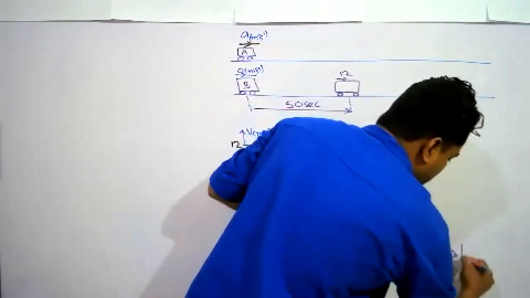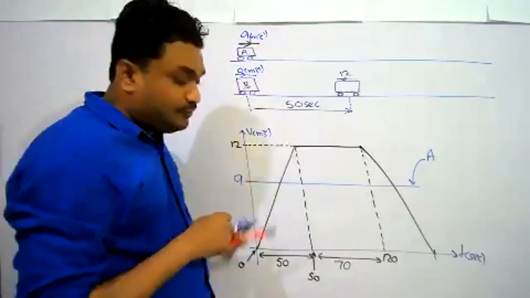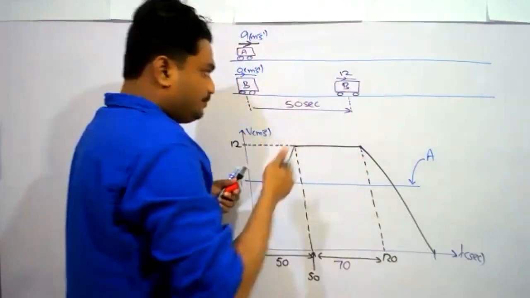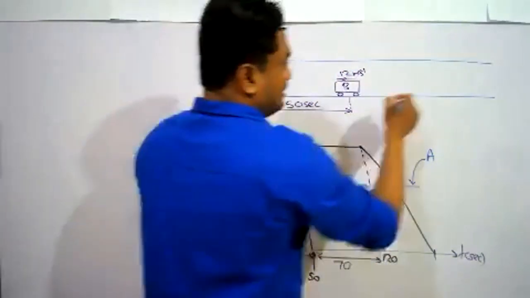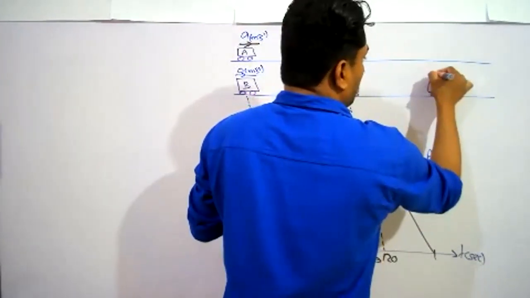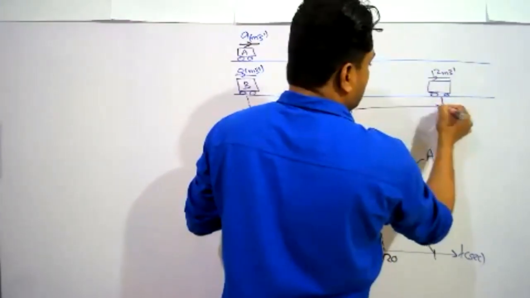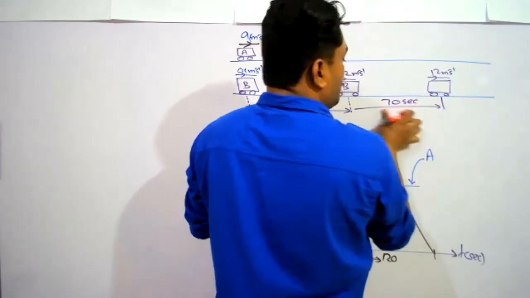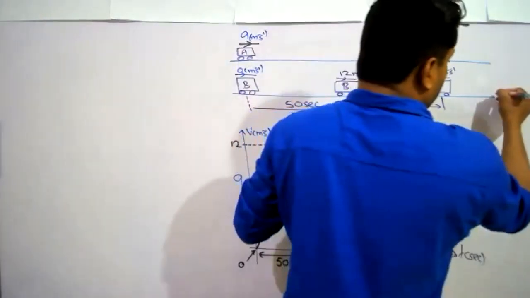So this is the velocity time graph which is given in the picture. If you look at the motion of B, during the next 70 seconds B travels with the constant velocity of 12. Finally, B comes to rest.